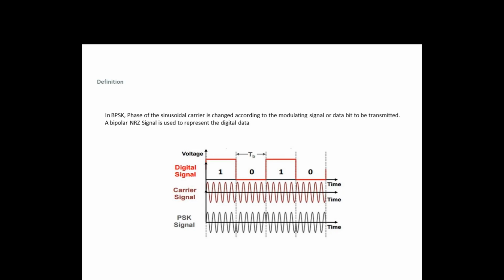A bipolar non-return to zero signal is used to represent the digital data. So, as I told you already, the phase of the carrier signal varies with respect to the modulating signal, which is digital. The remaining parameters of the carrier signal, amplitude and frequency, remain constant.